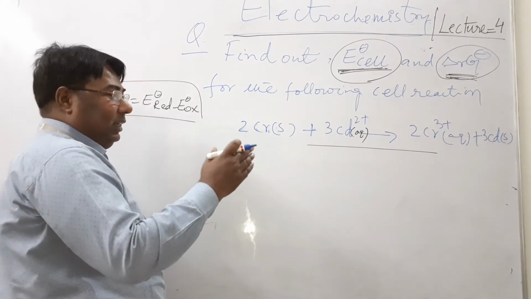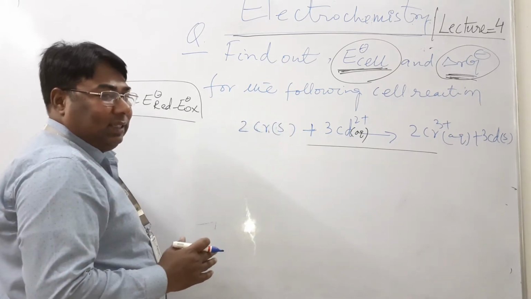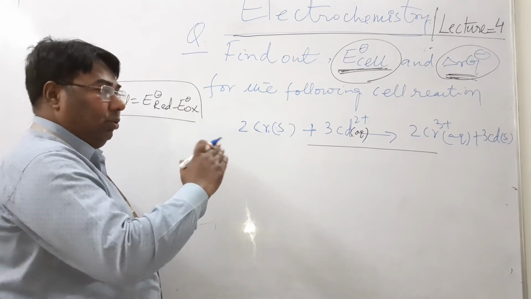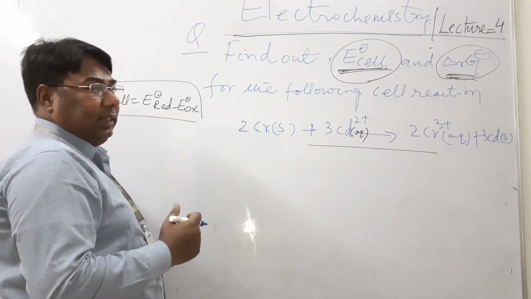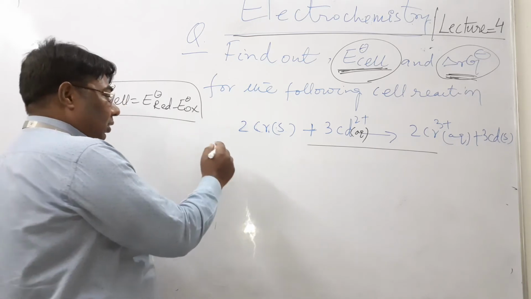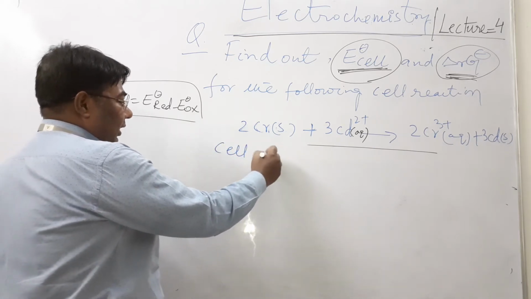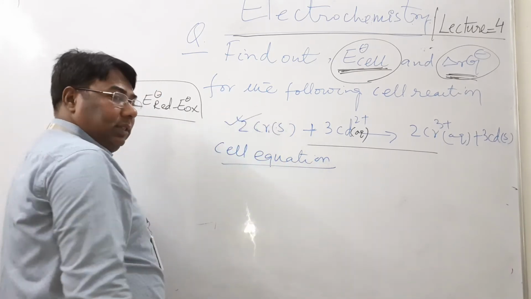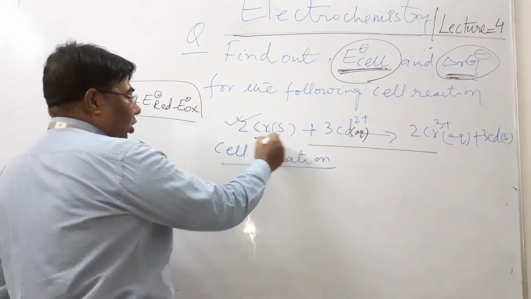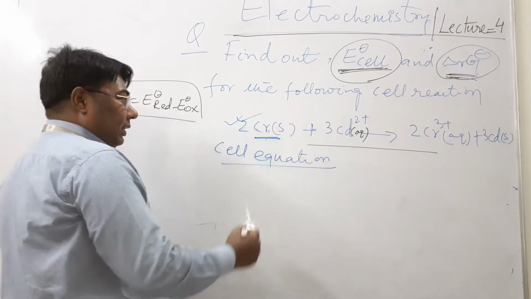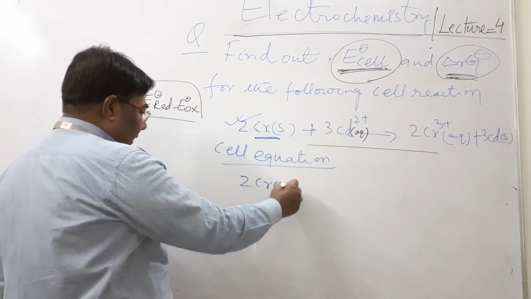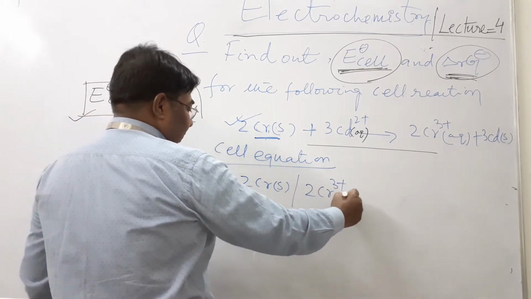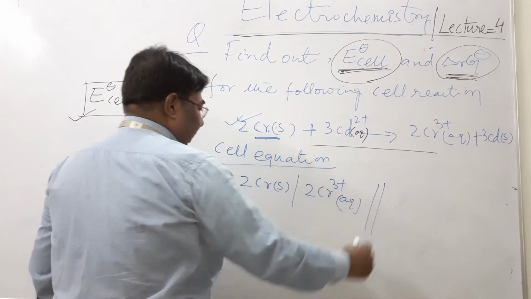So first of all, you find out which one is getting oxidized and which one is getting reduced, and we write down the cell equation for the above reaction. Here, chromium gets oxidized. So 2Cr solid, 2Cr3+ aqueous, this is the salt bridge.